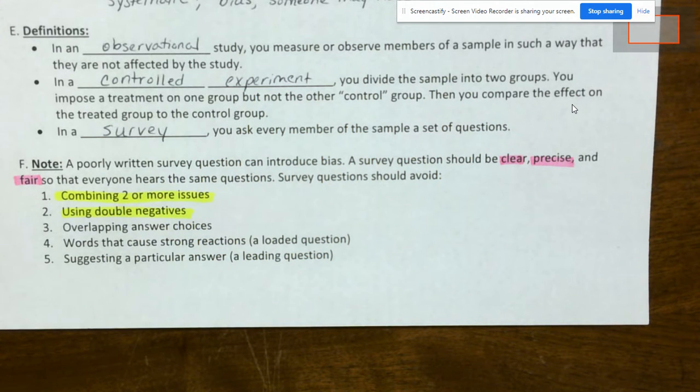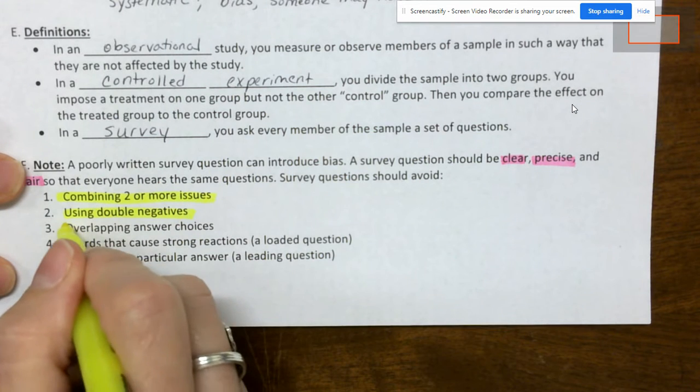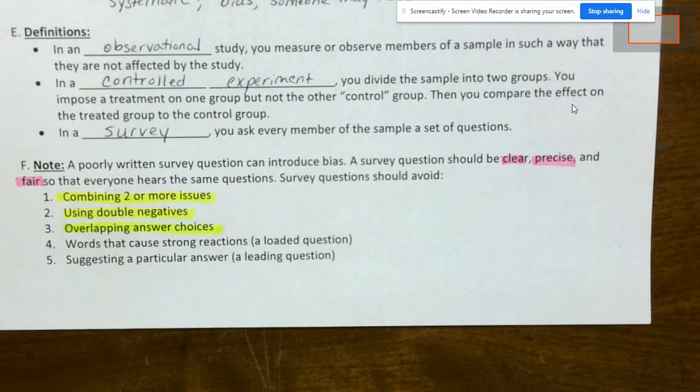You put two negatives in there. So you don't want to put two negative statements in the same question. Another thing you want to avoid is overlapping your answer choices. So you don't want two of your answer choices to contain the same thing.